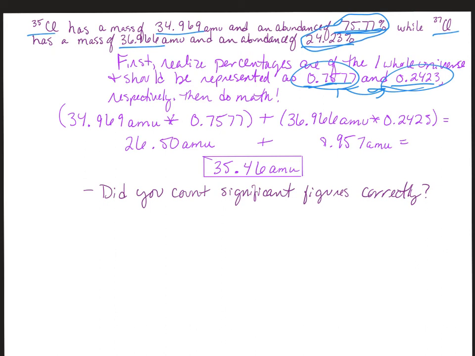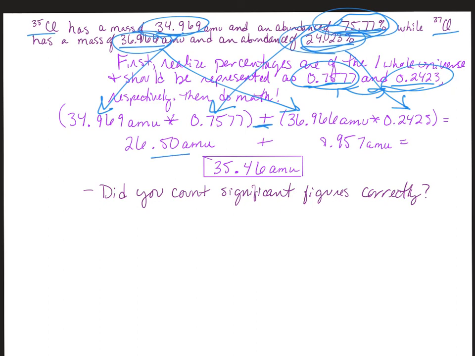Now we just multiply the masses by their abundance. So this number right here comes down, and see how that had to do with the 75? I multiply them and add that to the 36 times 0.24, okay?